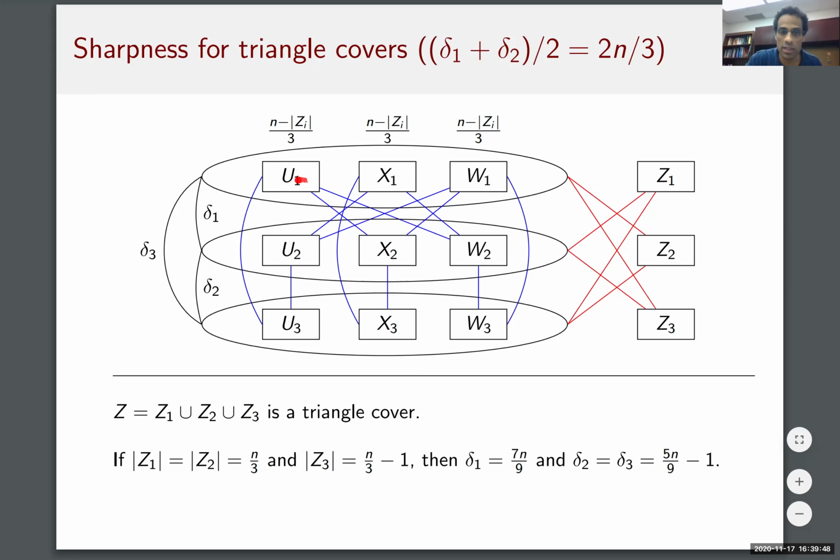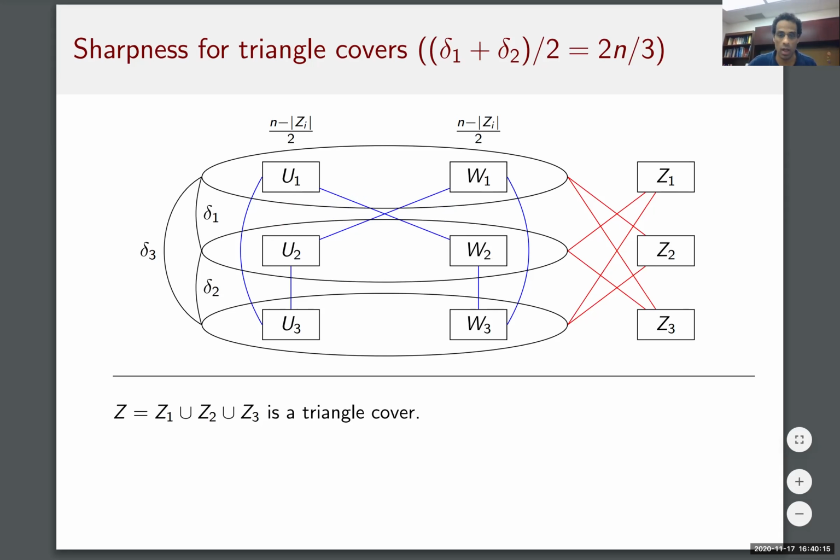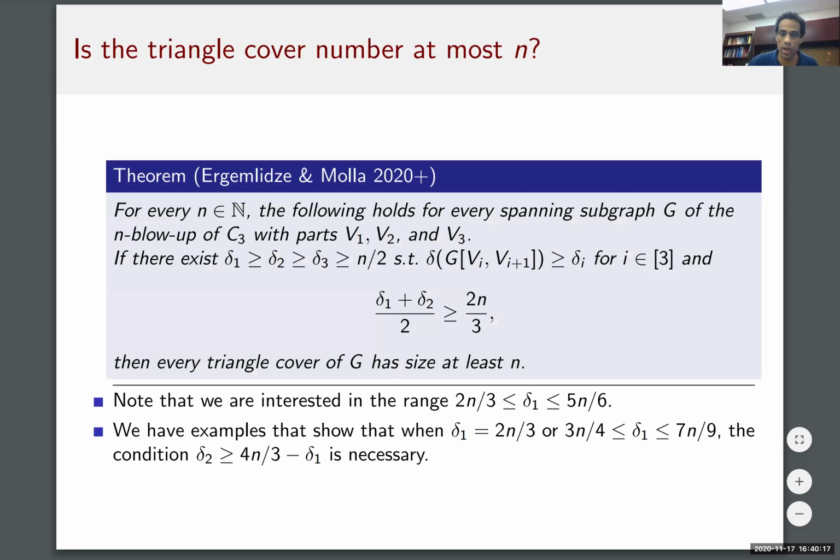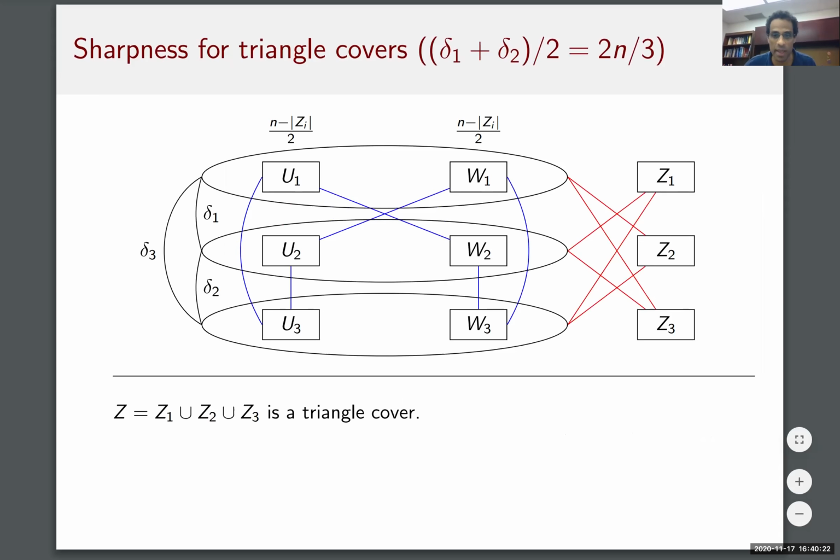This one is adjacent to these 2 parts, this one is adjacent to these 2 parts, and this one is adjacent to these other 2 parts. The goal is to have delta 1 be larger, and then the degree in delta 2 will be smaller. Anyway, this is the kind of example we have for this range between 3n over 4 and 7n over 9. I'll stop there.